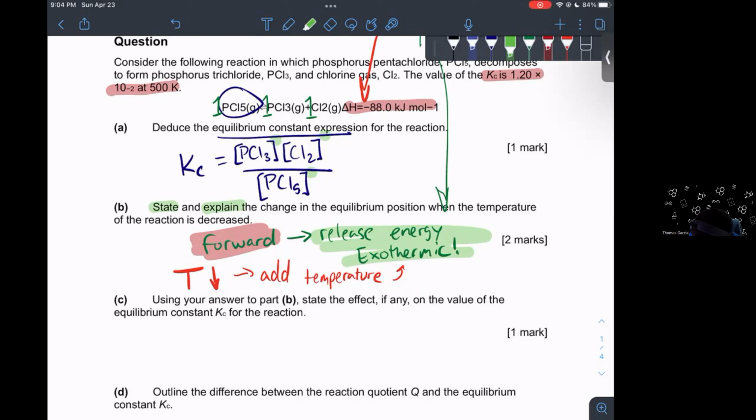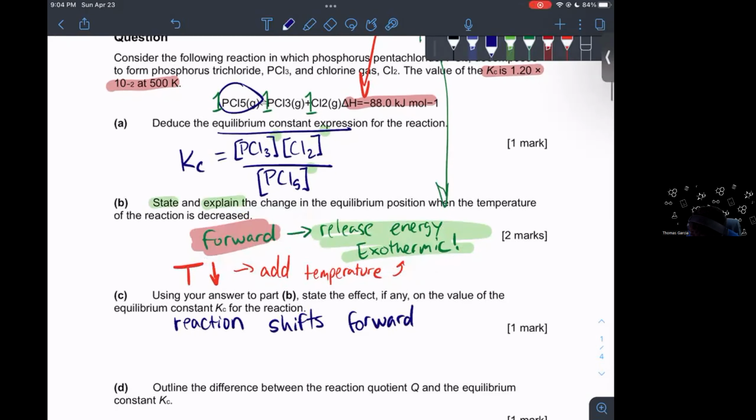If we know that the reaction shifts forward, then we know that we are going to be making more product divided by less reactant. Therefore, Kc increases.